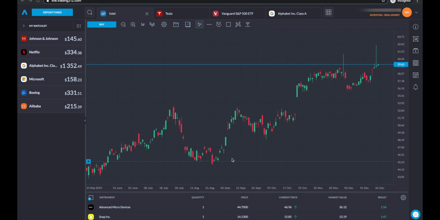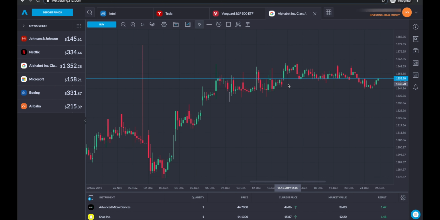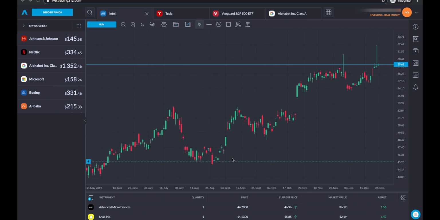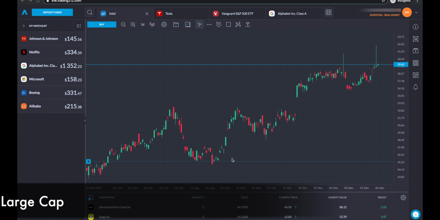So a small cap company is defined as less than 2 billion in terms of market capitalization. Now, when it comes to small cap companies, there is a disadvantage in that the company has not been around for a long period of time, and so it's very hard to tell whether the company will be existing in the future.